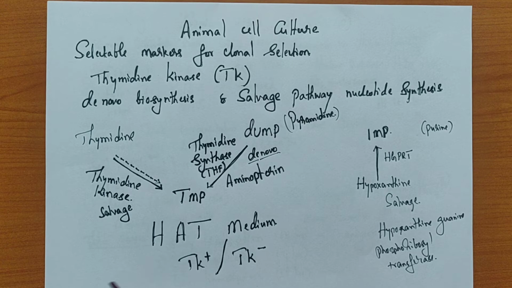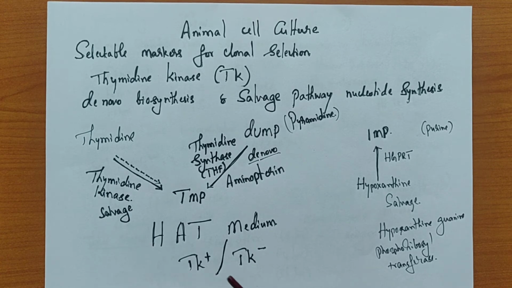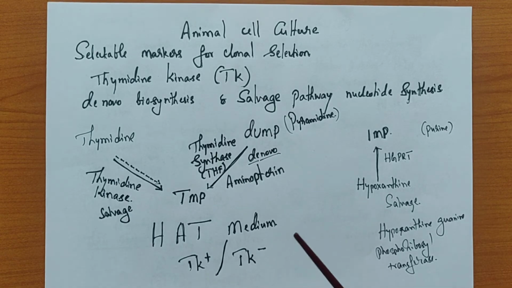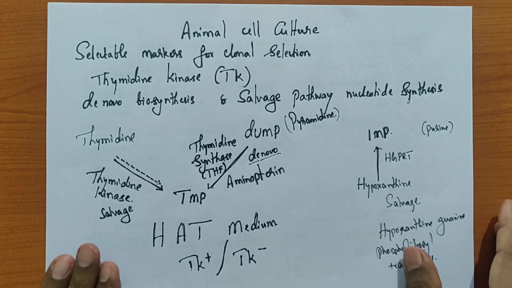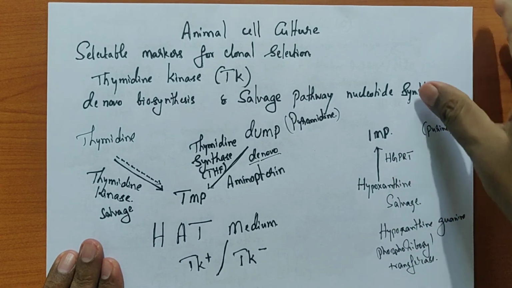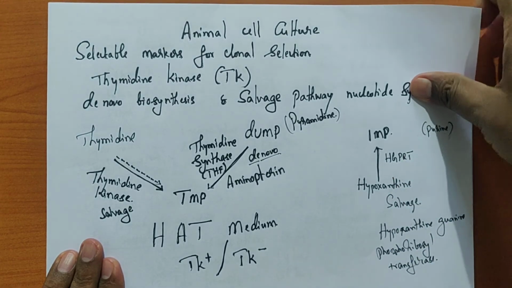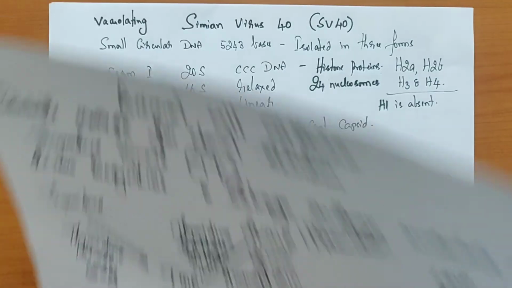Then we have to provide this thymidine kinase through the vector, in fact. That will make TK minus to TK plus. So TK plus and TK minus are the phenotypic way in which we are going to identify the clonal selection in case of an animal cell. Now as an example, which vectors are going to be used?